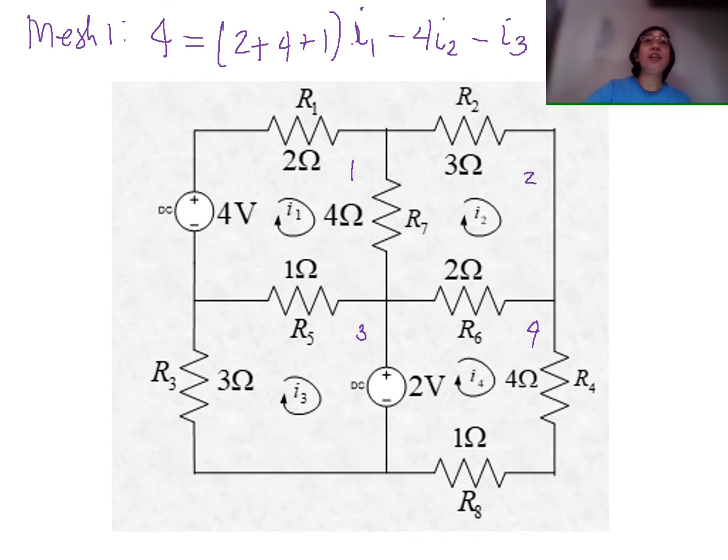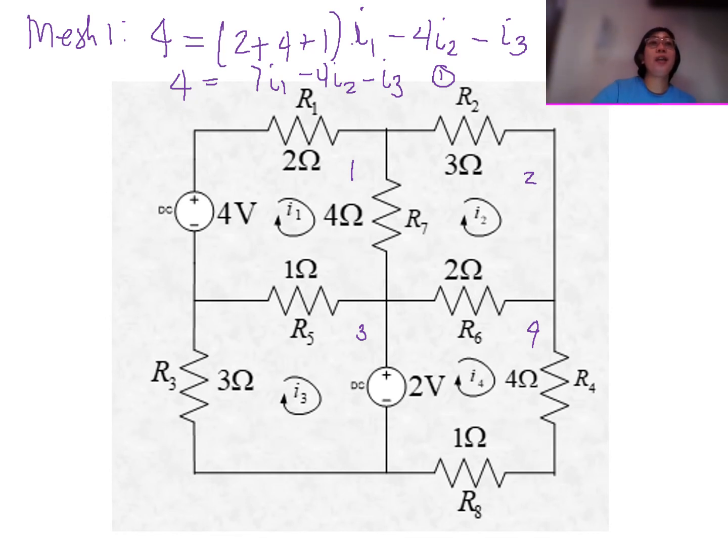Simplifying this further, we have 4 is equal to 4 plus 2, 6, plus 1, 7. So we have 7I1 minus 4I2 minus I3. Let us call that your equation number 1. So how about equation number 2? Where are we going to solve for equation number 2? We will go to mesh number 2.